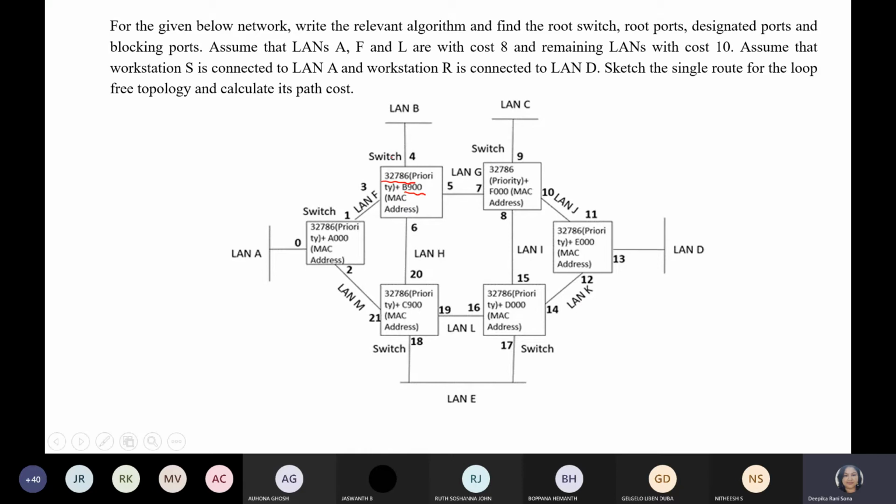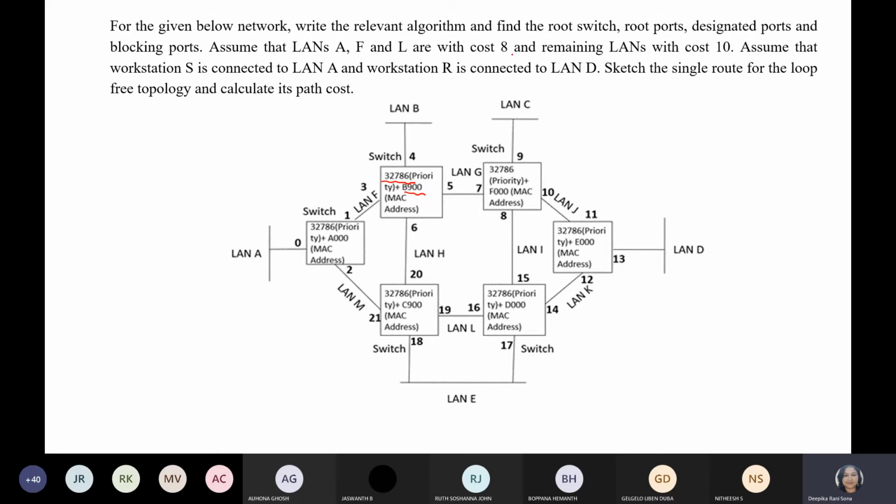Here in this question it has written that for the given below network, write the relevant algorithm and find the root switch, root port. Root switch is nothing but your root bridge only guys, designated port and blocking ports. Assume that LAN A, F, L are with cost 8 and remaining LANs with cost 10.